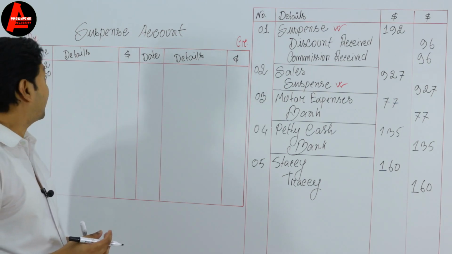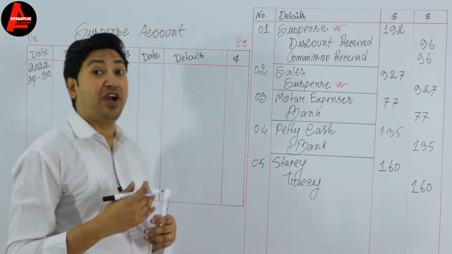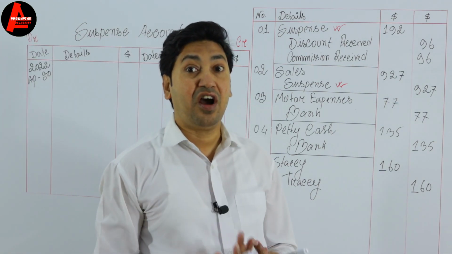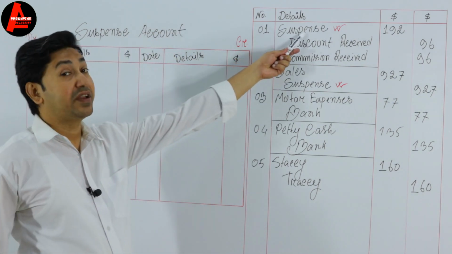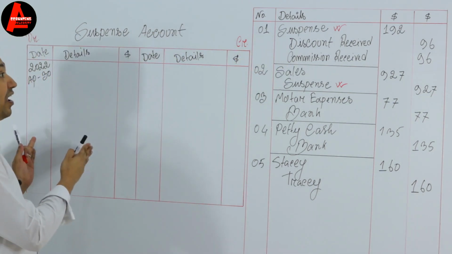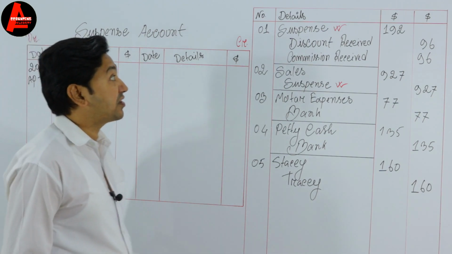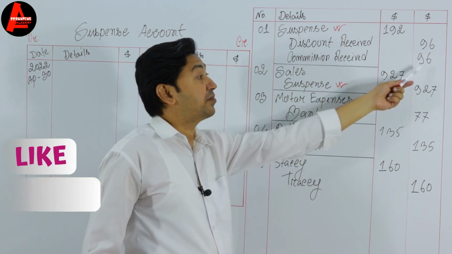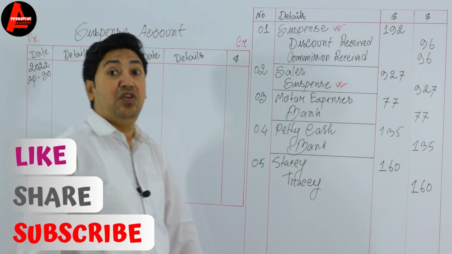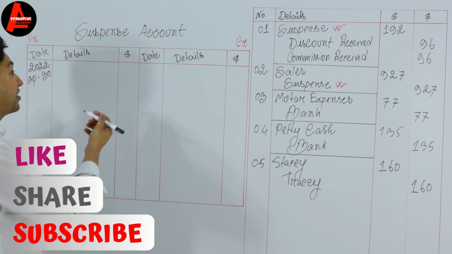No, never, we will not write suspense here. We will write the corresponding account, the opposite account. Here the suspense account is debited, we come on the debit side, and the corresponding accounts are discount receipt 96 and commission receipt 96. These 2 accounts will appear here.